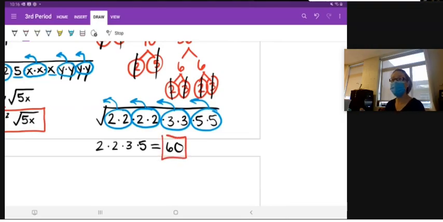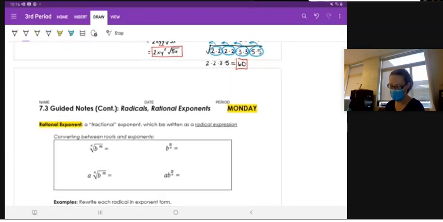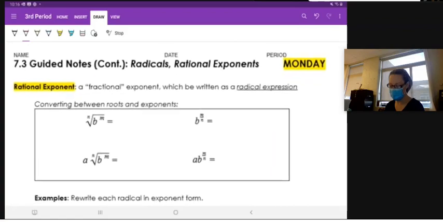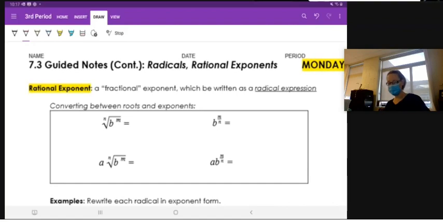I'd like you to flip to the next page. We've got about a half a page left to do, but this part is pretty darn easy, I assure you. So I mentioned at the start of class that radicals and exponents are opposites of each other. They're flip sides of the same coin, so to speak.